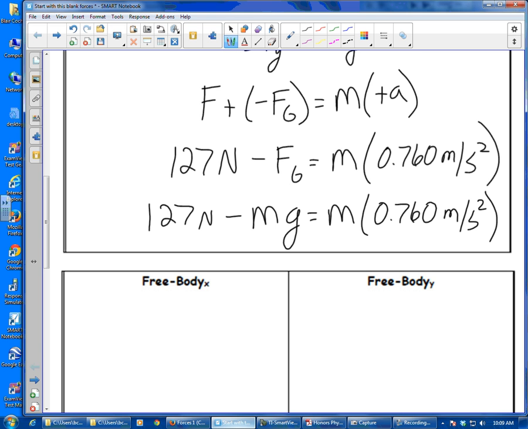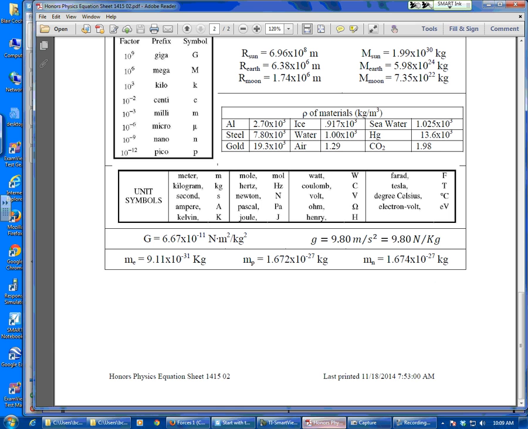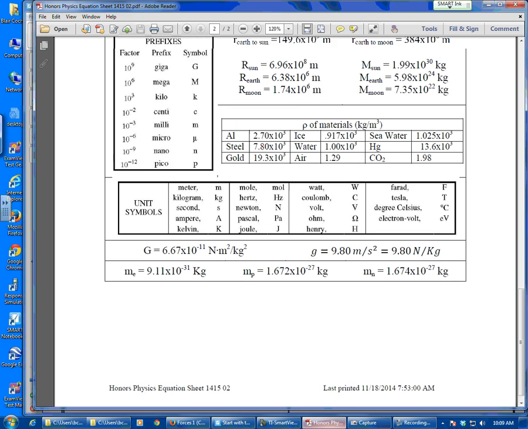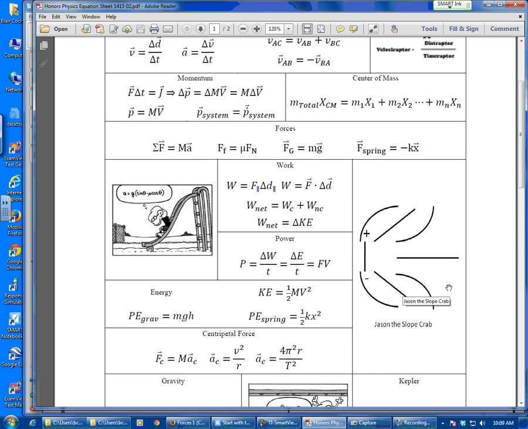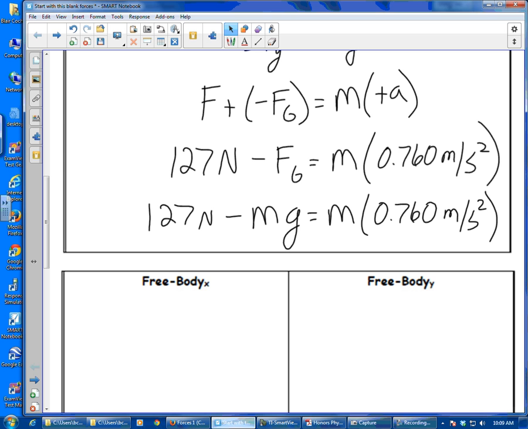If you look on the equation sheet, and you look at the forces box, now this is the honors one, just because I already had it up. Your forces box has just moved up a little bit. You'll notice the equation for the weight. Not really the equation, the identity of the weight. There, right almost in the middle. You see it? Right, exactly. That would be the equivalent of weight, yep.